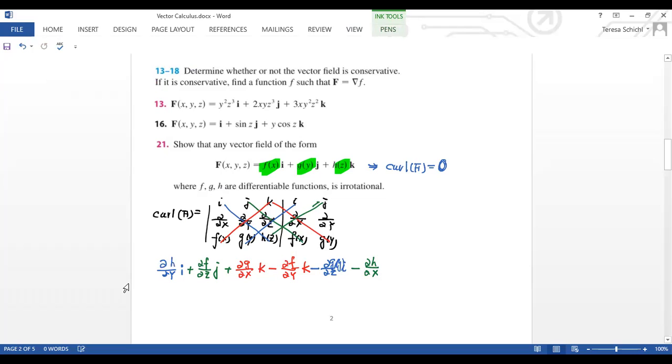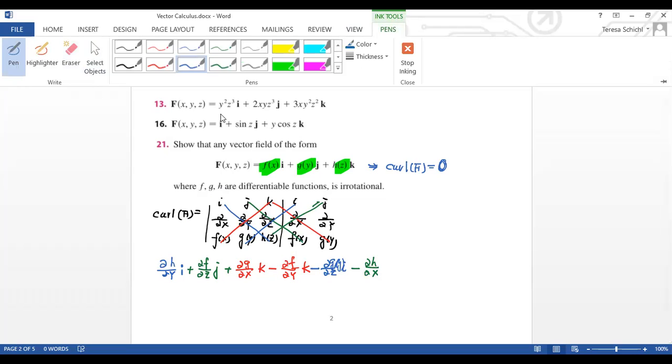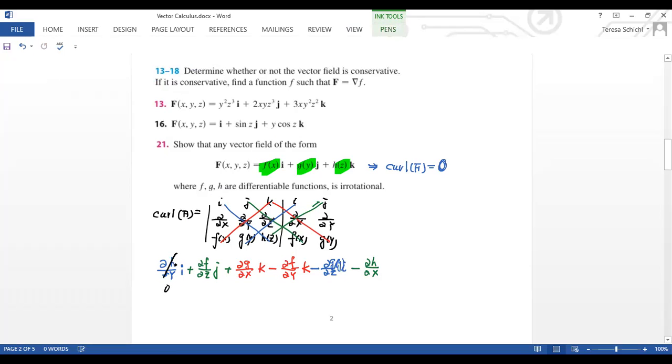As you can see for each term here, this is 0 because h is only a function of z and f is a function of x, so this is 0. g is a function of y, so this is 0. f is a function of x, so if you take the derivative with respect to y, this is 0. g is a function of y, you take the derivative with respect to z, so it's 0.